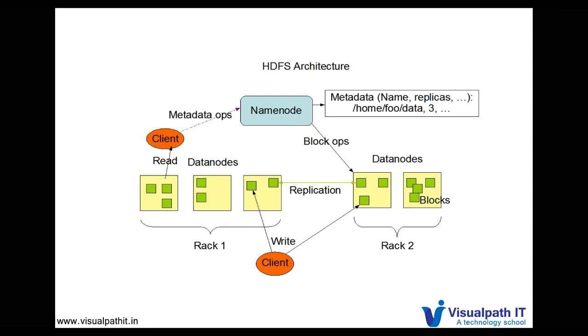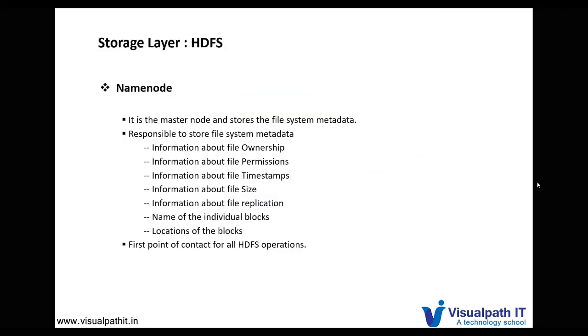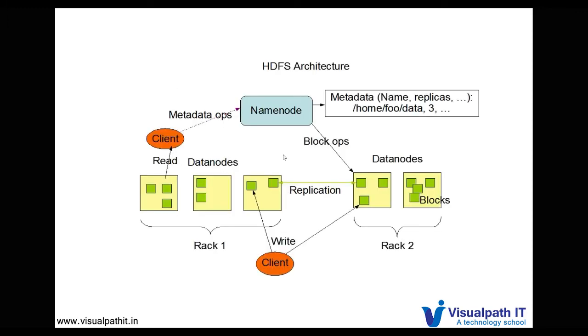Okay, so let us see one by one. So name node, we'll discuss first, the first component in the storage layer. What is name node? It is the master node in the Hadoop cluster, and it will store the file system metadata. As per our diagram, what is Hadoop architecture?